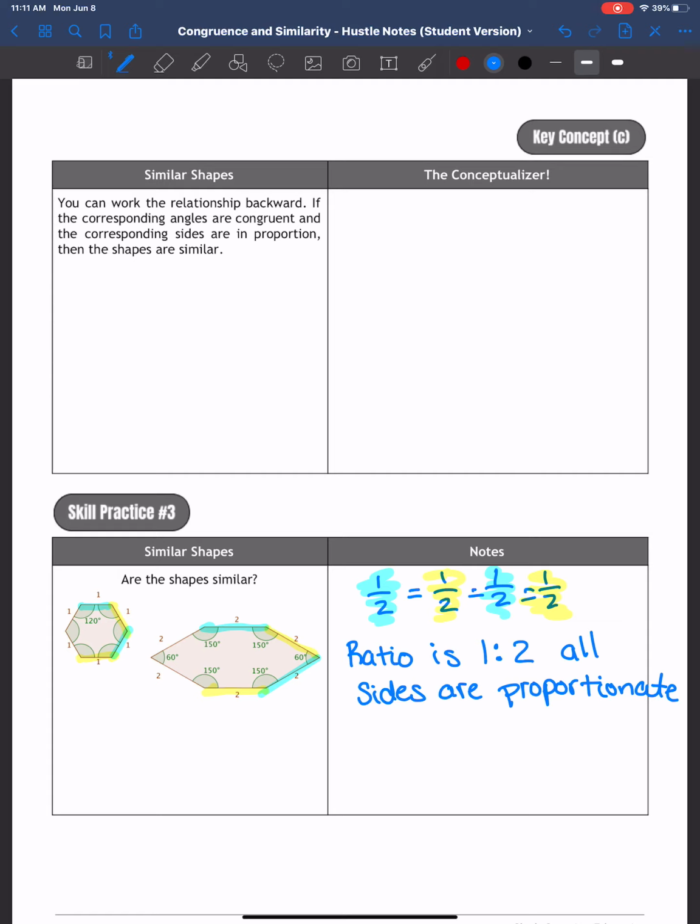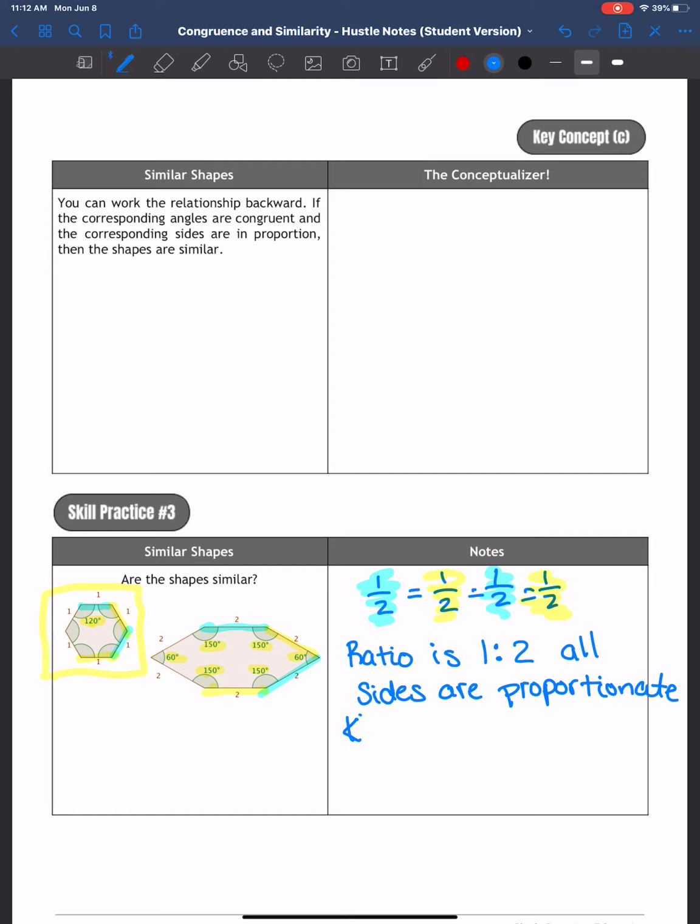But here's where it gets a little crazy, right? Now we need to look here and here. If all of the angles in this first shape right here are 120 degrees, but in the second shape we see that we have a 60 and a 150 degree angle, are your angles congruent?